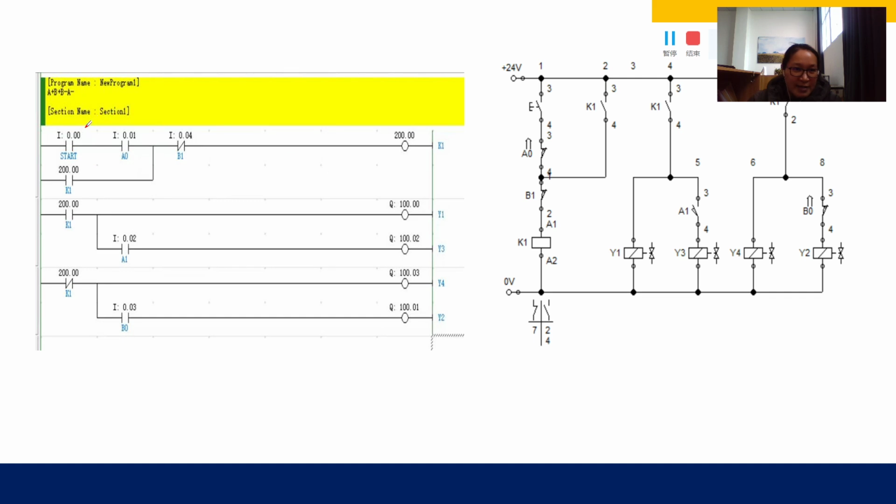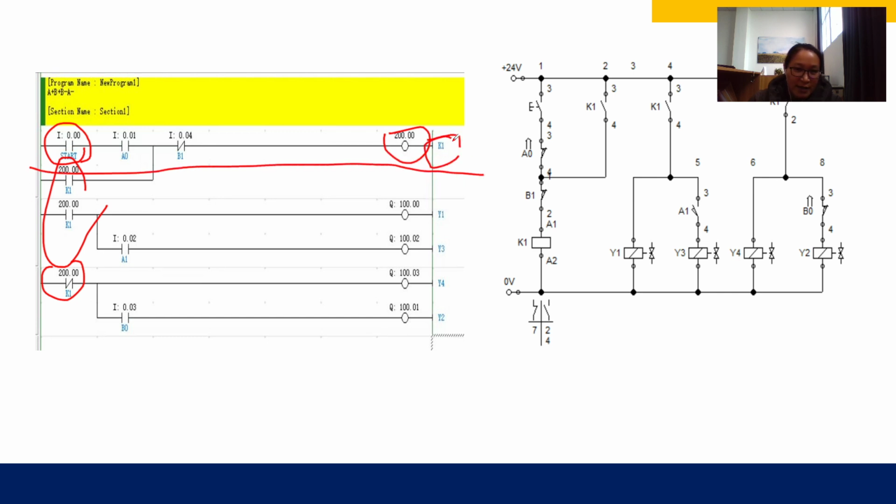Then we can see the program on PLC. The button is connected to 0.00. The K1 is connected to 200.00. In the first program, Q1 is output.